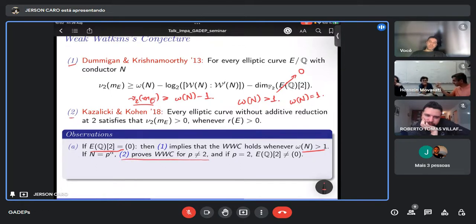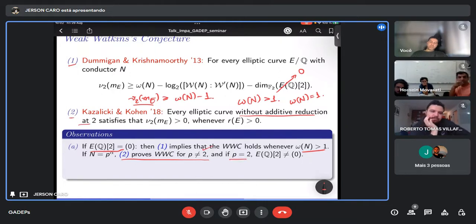And if this prime is not 2, then 2 has good reduction, because the exponent is 0 in this case. So we don't have additive reduction at 2, so the Kazalicki and Cohen theorem proves this case, when p is different from 2.